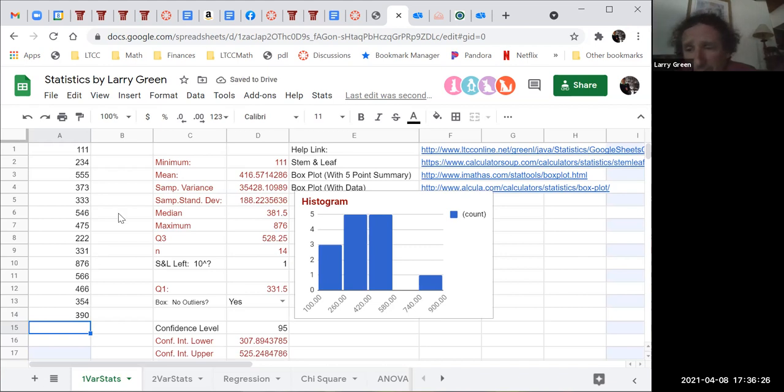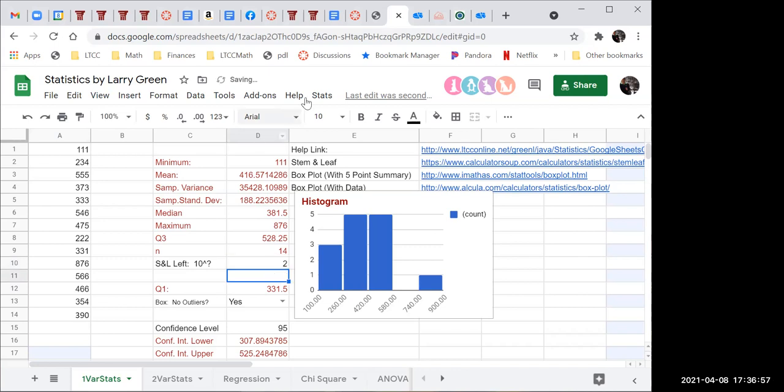Okay, so if we want to do 3-digit numbers, that means we're going to want the stems to be hundreds digits. So see where it says S and L left 10 power? If it's 10 to the first, that's 10. If I want 100, what 10 to what power is 100? Second. So I'm going to change that to a 2.